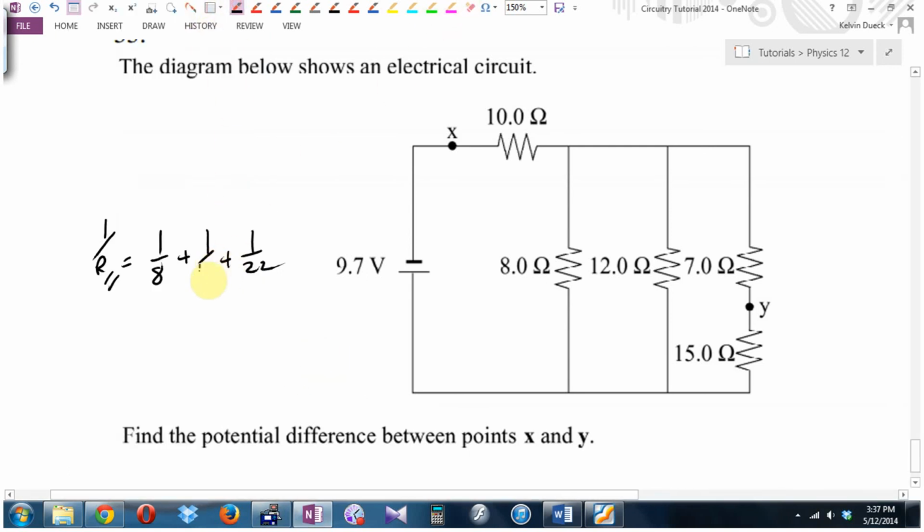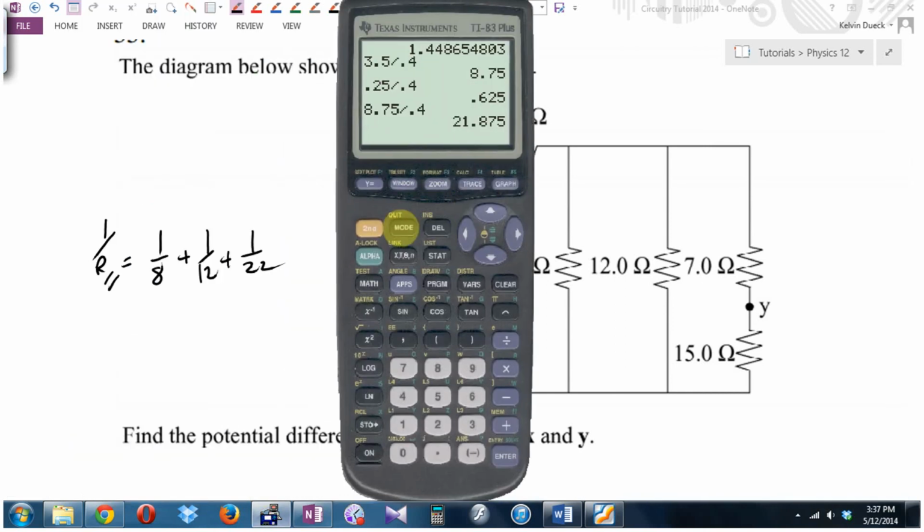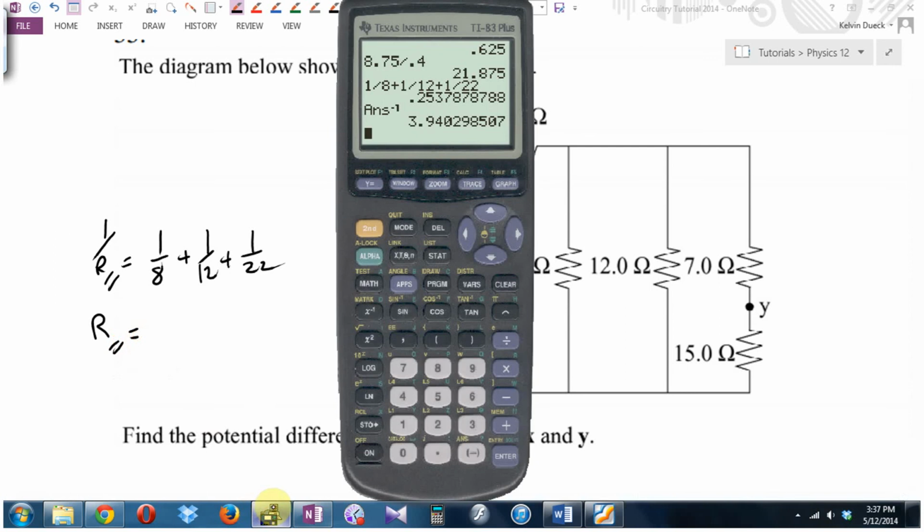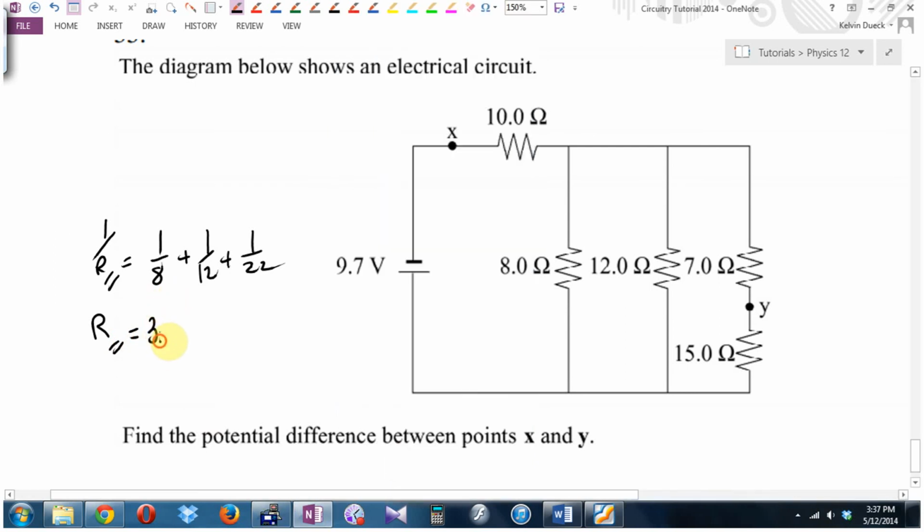Looking at the wrong one. I never make mistakes. Okay. So the parallel equivalent, and I'll carry some extra sig figs, is 3.940, so 3.94.